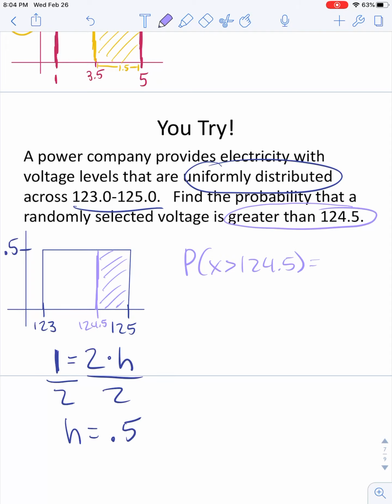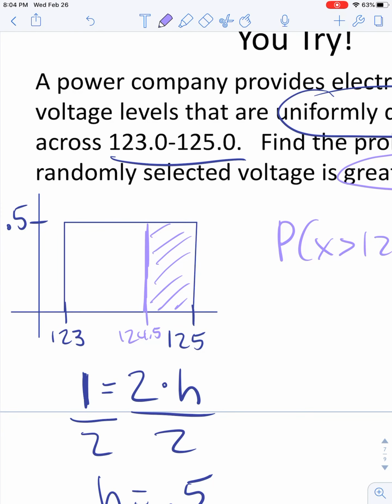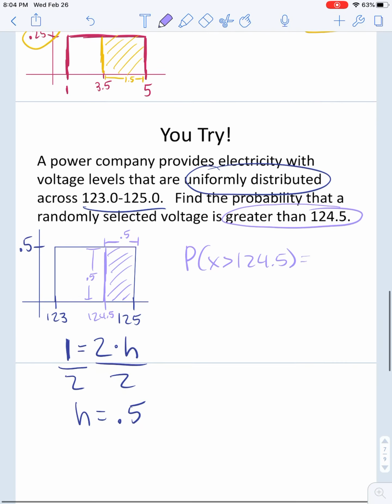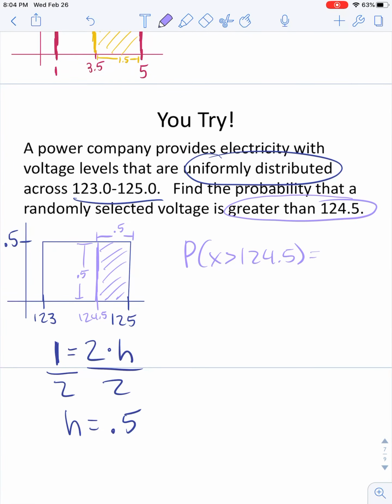And that's the shape I'm going to find the area of. The height here is 0.5. The width here is just going from 124.5 to 125, so it's 1/2, 0.5. So I have a height of 0.5 and a base of 0.5. So base times height would be 0.5 times 0.5, giving us an answer of 0.25, which is our final answer.